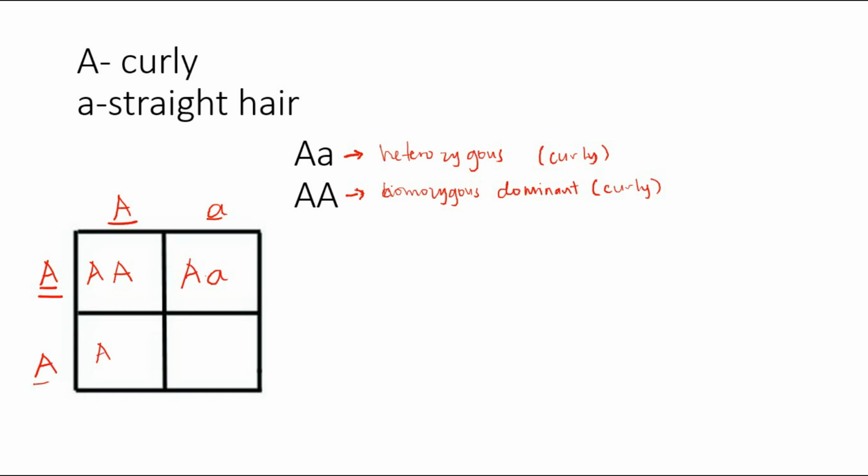And then another box here, we have A, which is above that box, and another capital letter A on the side. So we're going to put both capital letters here. And for the last box, we're going to do the same thing. We're going to get the capital letter on the side, so that's A, and the letter above it, which will be small letter a.